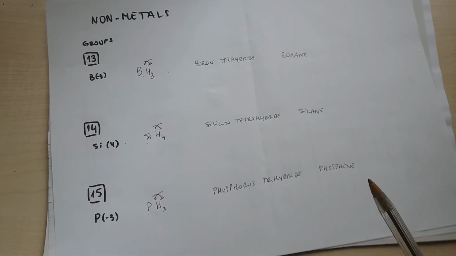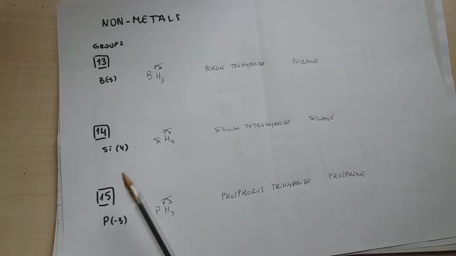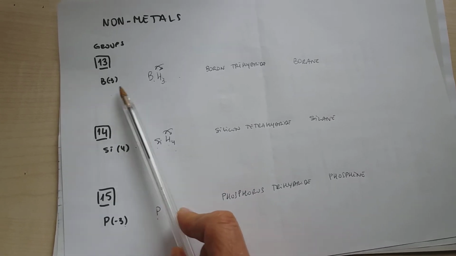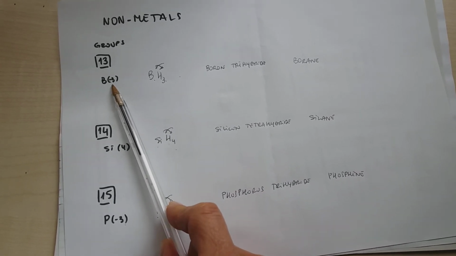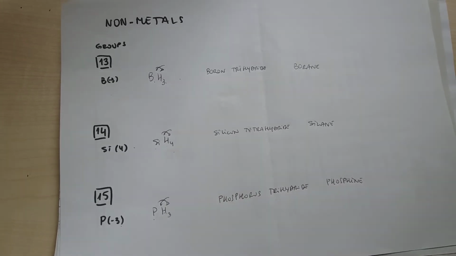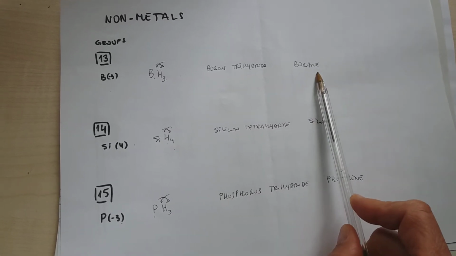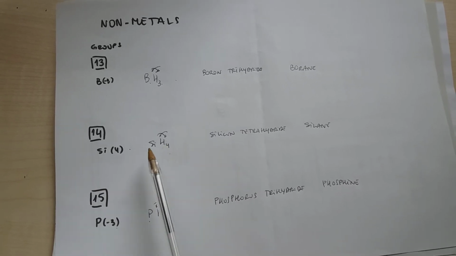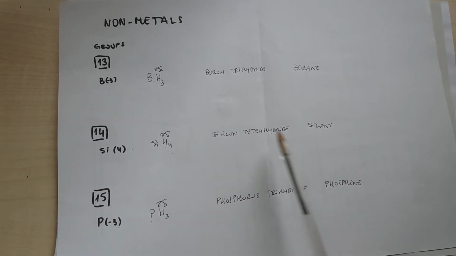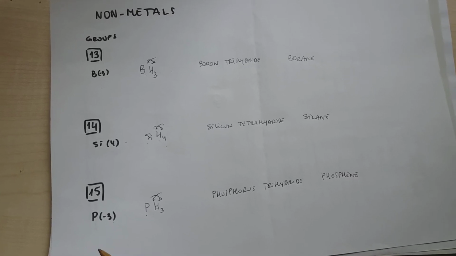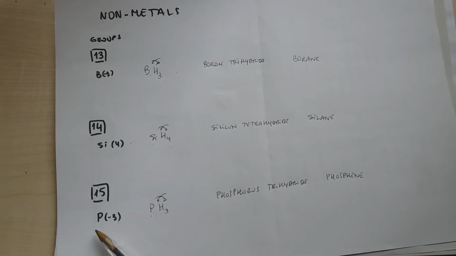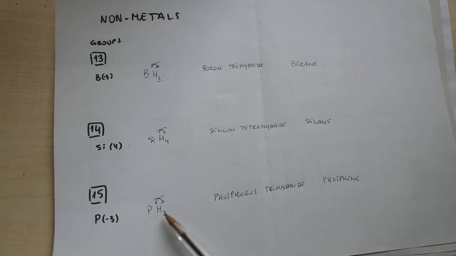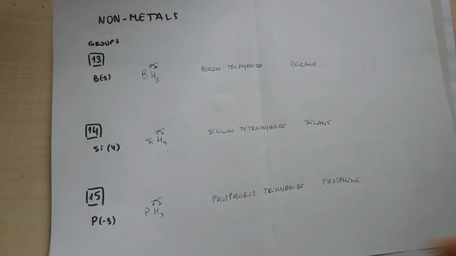Okay, so the non-metals we have mentioned, group 13 is valence -3. Boron and hydrogen, they exchange the valence, special name borane. Silicon, they exchange valences, silicon with four hydrogens, silane, the special name. In the case of the phosphorus, a special name here, phosphine, as we said.